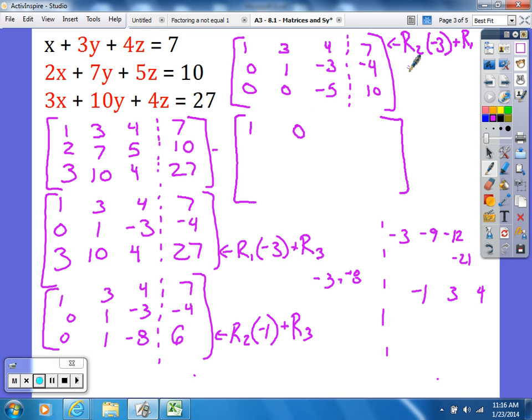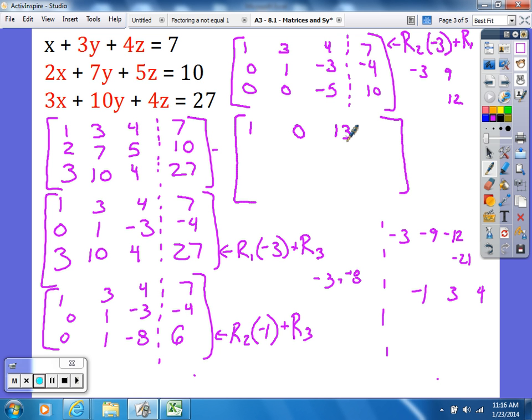Let me write some work over here. Negative 3, 9, and 12, right? 9 plus 4 is 13, you said? And 7 and 12 make? Negative 4 and 12. Okay, I got that.